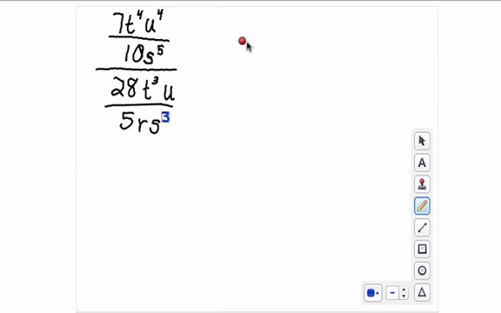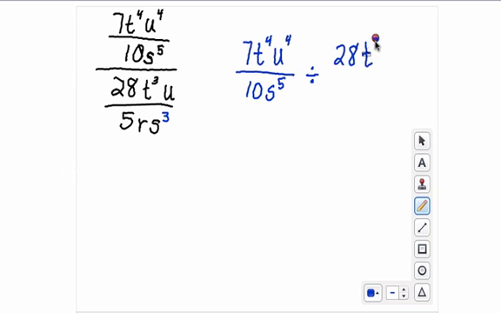So I'm going to write 7t to the 4th u to the 4th all over 10s to the 5th, and we're going to divide that by 28t to the 3rd times u all over 5r s to the 3rd.